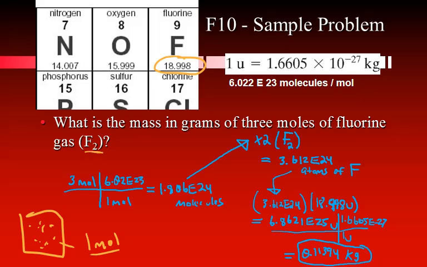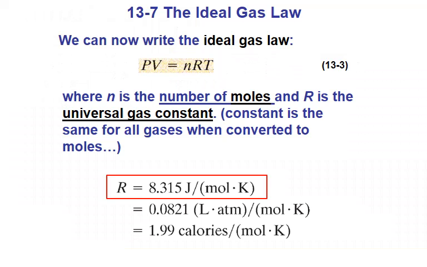But the trouble is it's F2, right? So we would multiply this by 2, and that's how many grams we would have. That's a little bit easier way to go about it, but it's important to know both ways.